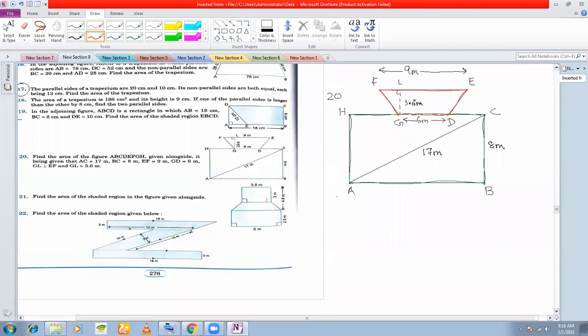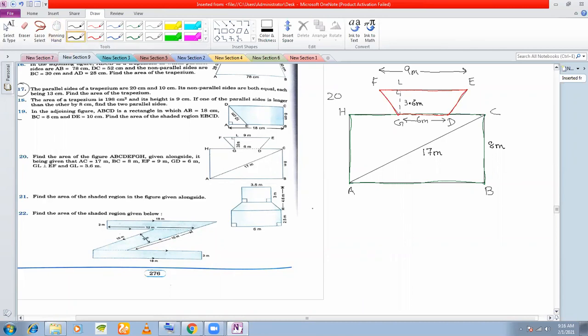The area of the entire figure consists of two figures, a rectangle and a trapezium. If you're able to find out the area of the rectangle and the area of the trapezium, you just add up the two areas, and you will get the area of the figure.